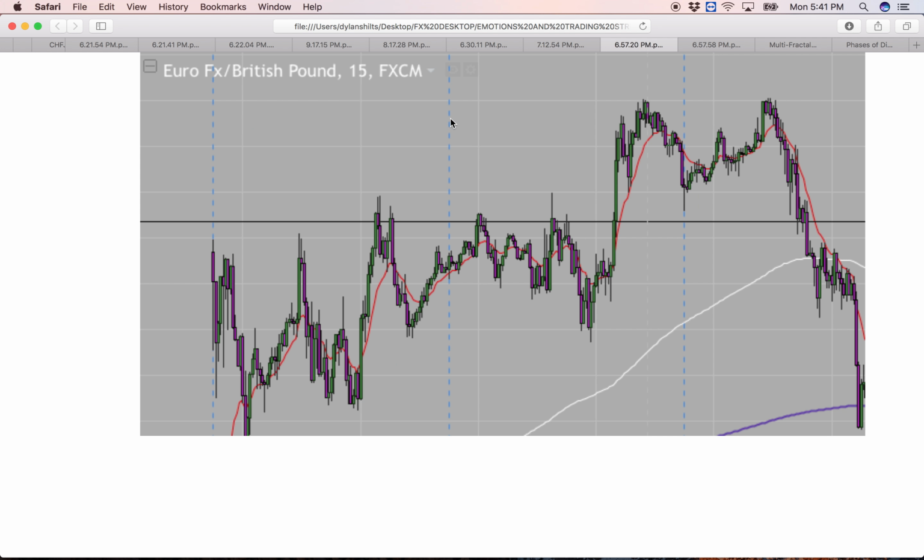So the blue markers represent the beginning and ending of the day, right? So this is one day, this is another day, this is another day. So this is the low of the day here, this is the high of the day here. This is the low of this day, this is the high of this day.